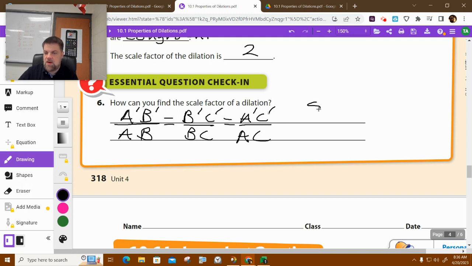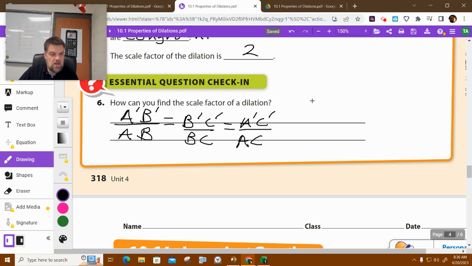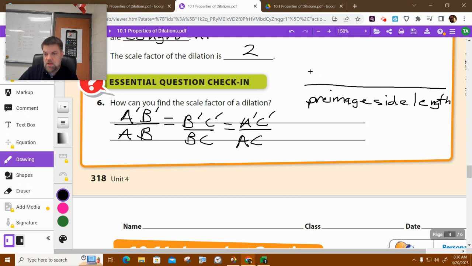Now, what we're talking about is the side lengths, the pre-image side length over the image side length.